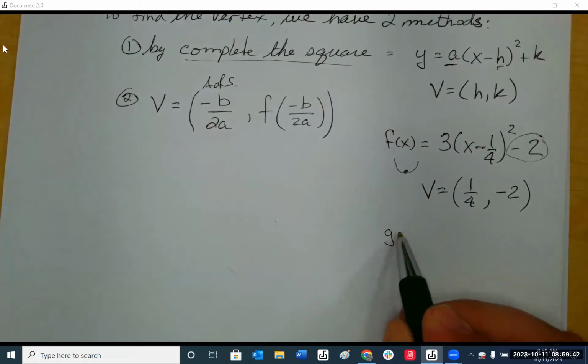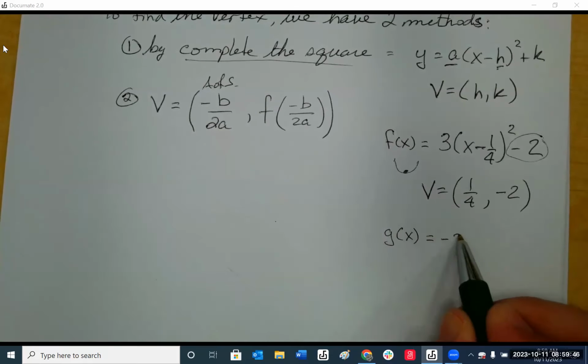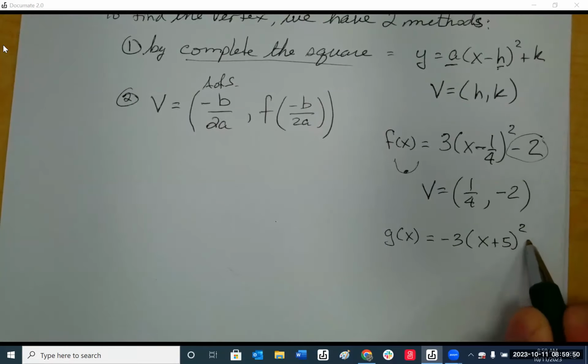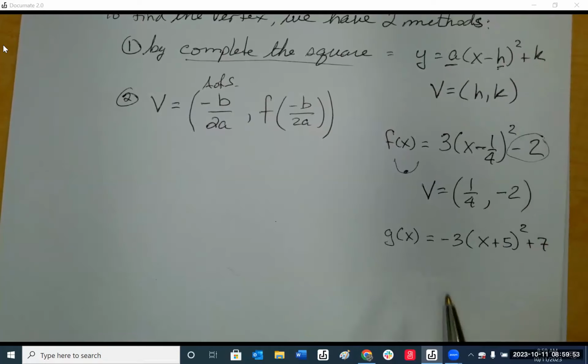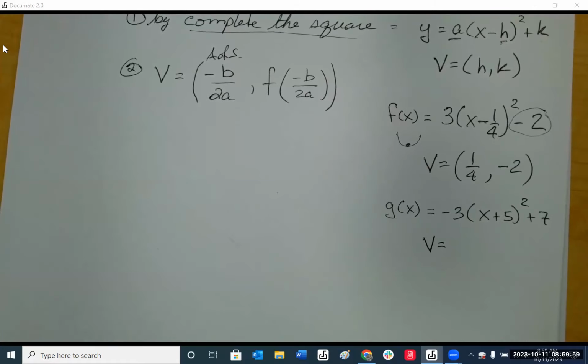Let's look at another one. What's the vertex? And do we have a maximum or minimum?